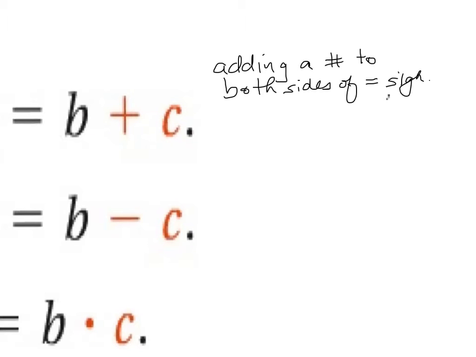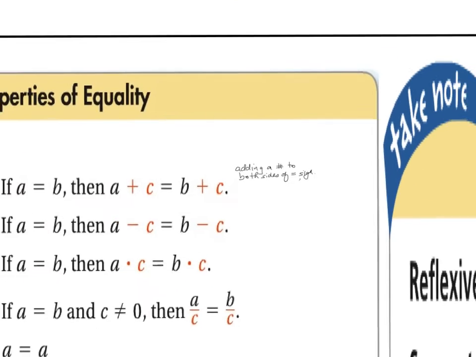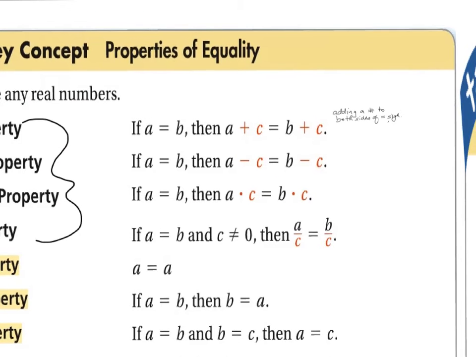Okay? That's anytime you're using the addition property. That's what that means. You're adding a number to both sides of the equal sign. Same thing with subtraction, same thing with division, same thing with multiplication.